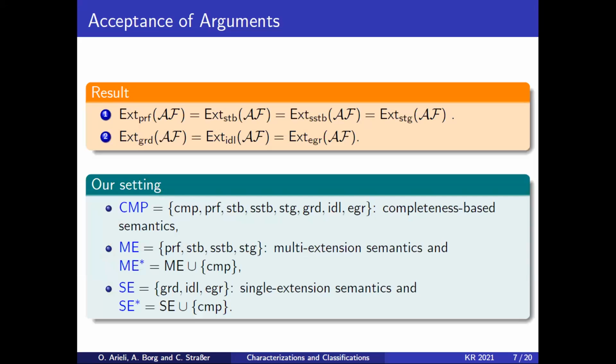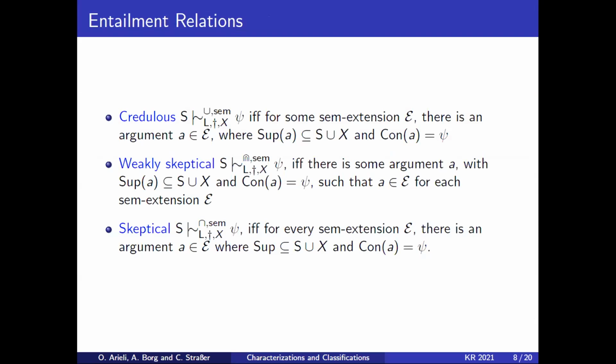So as a result, we group them together in three possible settings, namely complete semantics, which contains all the completeness-based semantics, multi-extension semantics, which contains preferred, stable, semi-stable, and stage, and sometimes also complete, and single extension semantics, which contains the grounded, ideal, and eager semantics, and sometimes also complete.